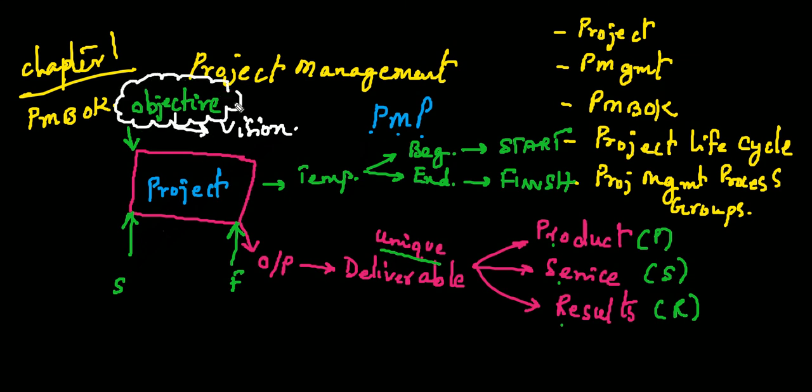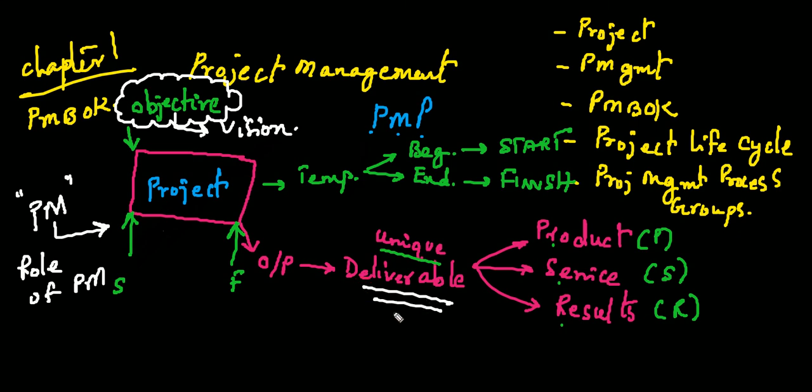So we have somebody called a project manager. A project manager is a person who is assigned to this project. One of the main roles of a project manager is to make sure every output or every deliverable aligns with the organization strategy.